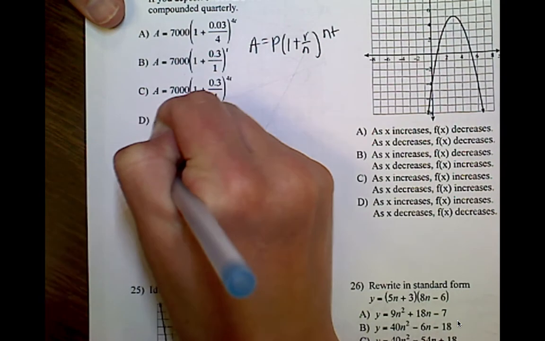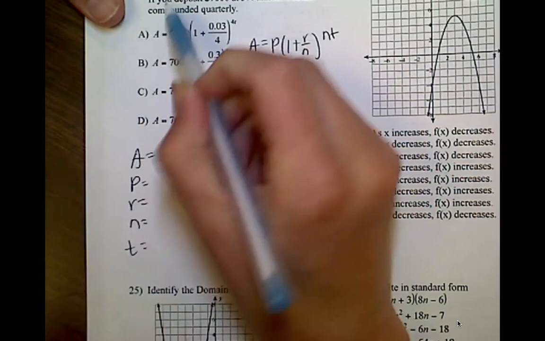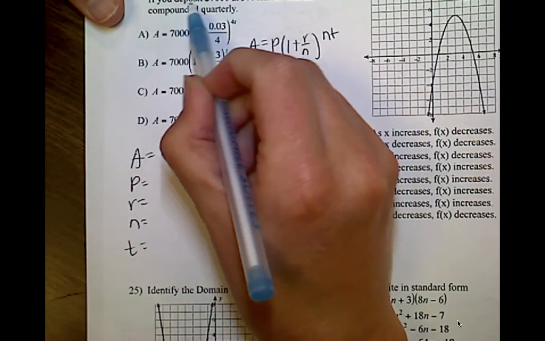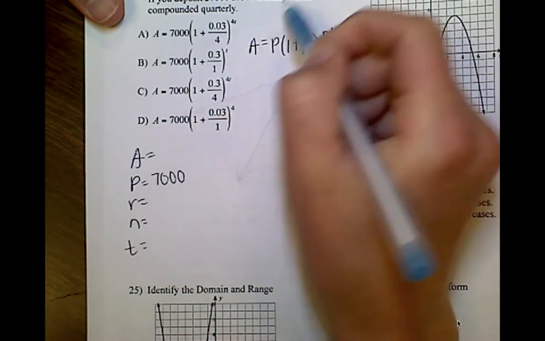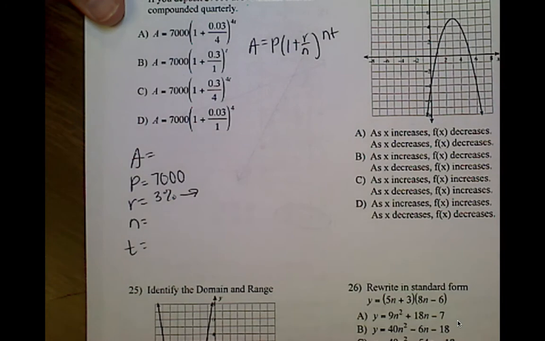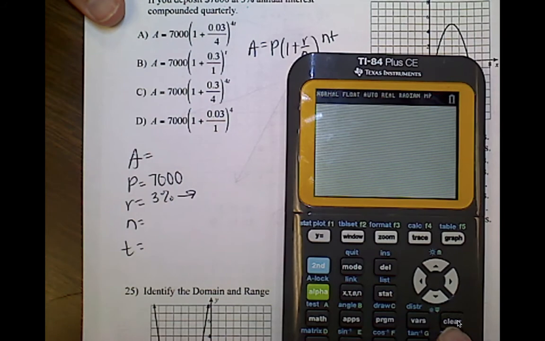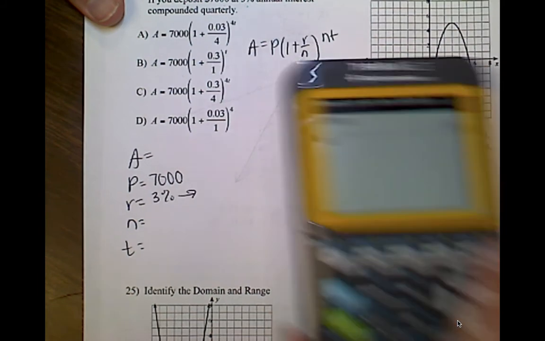So we need an A, a P, an R, an N, and a T. So write the compound interest formula if you deposit $7,000. A deposit is the same thing as a principal, at 3%, but we've got to change it to a decimal. So either move it twice to the left or do 3 divided by 100, and it'll give you 0.03.